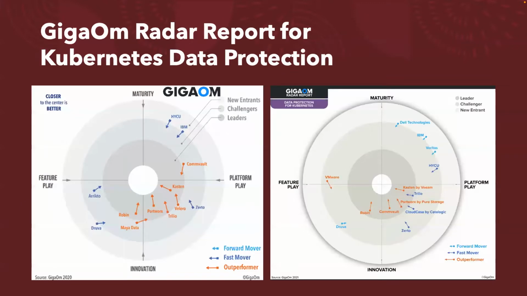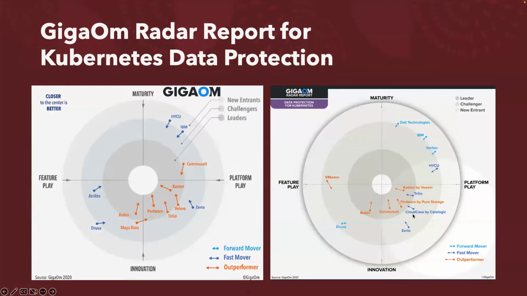Let's see. There are actually a lot of other tools also available. According to the GigaOM Radar report, the left-hand side is from 2020 and the right-hand side is from the year 2021. You might notice CloudCasa wasn't in the picture in 2020, but from year 2021, they were added to the list.